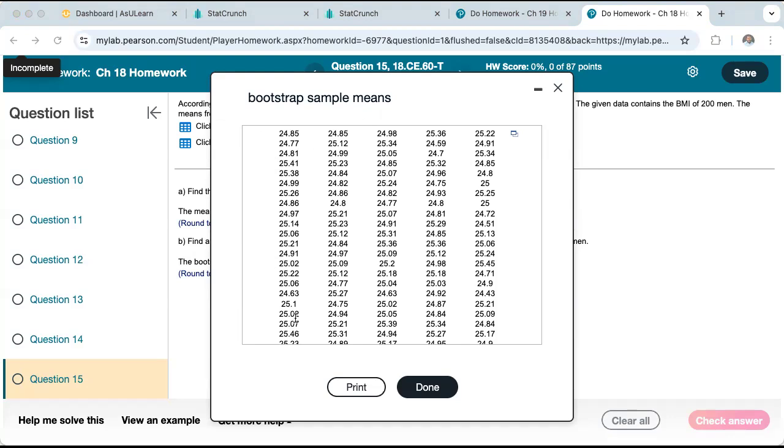So now here is the main thing. We want to enter the 2.5 and then the 97.5. To do that, it tells you that if you want the 30th, you enter 30. So if you want the 2.5, we need to enter 2.5, and then we separate that with a comma and enter 97.5.